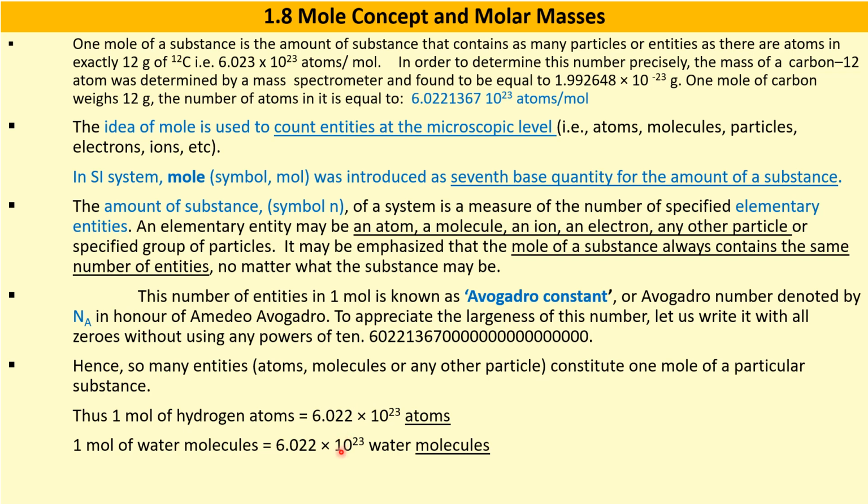The number is the same, and so it will be water molecules, not atoms. So 1 mole of sodium chloride will be 6.022 × 10^23 formula units of sodium chloride.